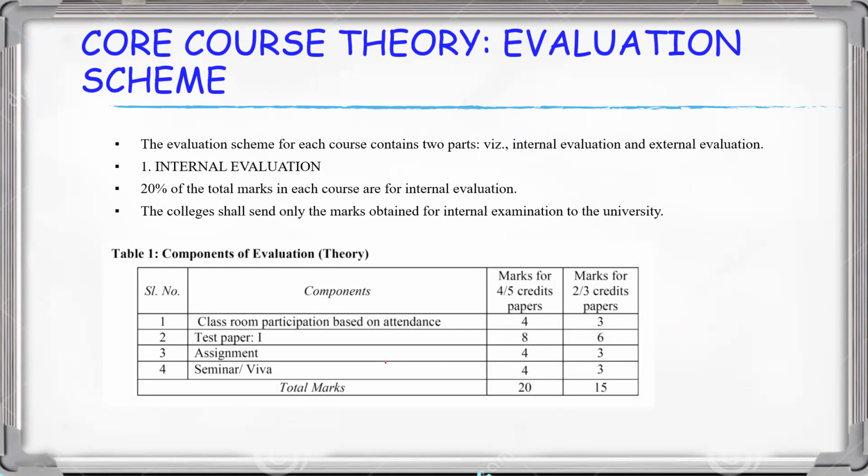As in your +2 or higher secondary levels, the evaluation scheme is composed of internal evaluation and external evaluation. 20% of the total marks in each course are for internal evaluation.